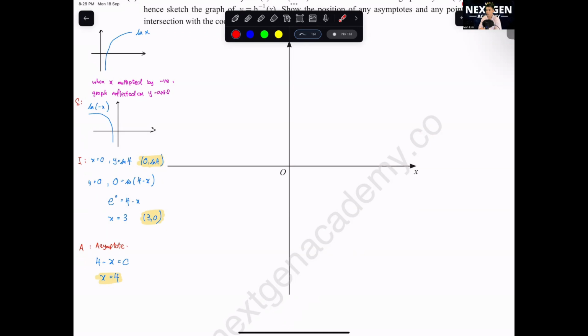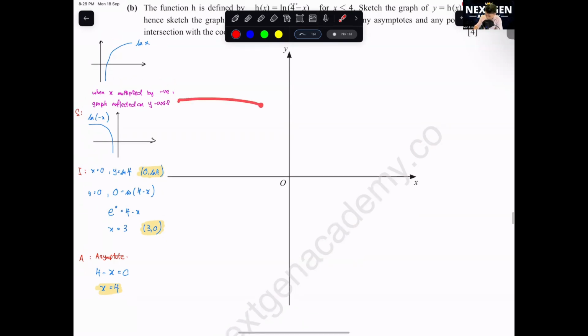So let's draw it out. If we want to draw out the original one first, so x equals to 4, and then the graph right now will be like this. This shape like that. So the points that we need to draw are (3, 0) and ln 4. I'm going to draw it in green color first.